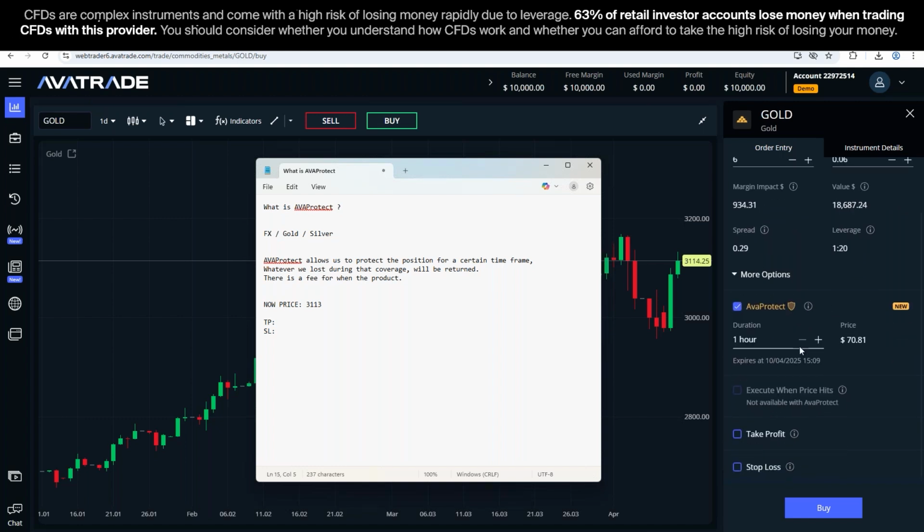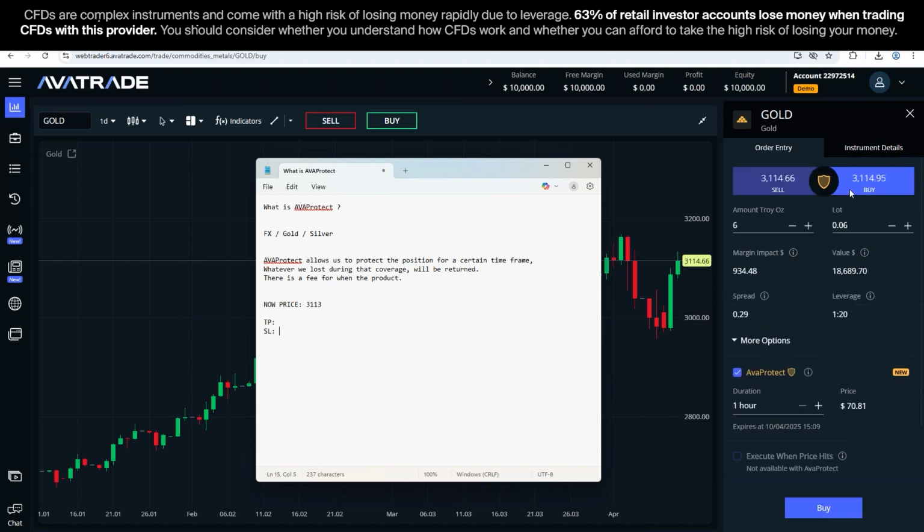What I'm doing currently is just to help you understand the product, and it's not mandatory to use take profit or a stop loss with AvaProtect. Just a simple explanation about those two: they are market execution orders like this. You see there is the buy here. This will launch a position right away at the current price.